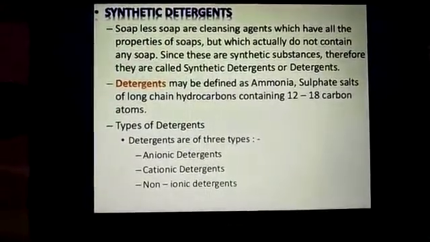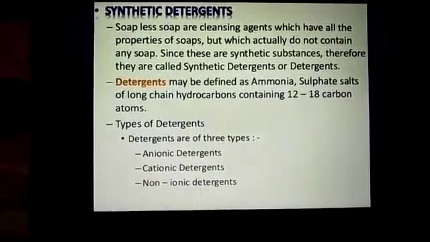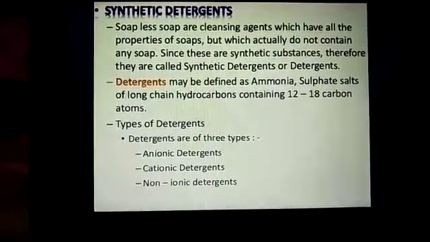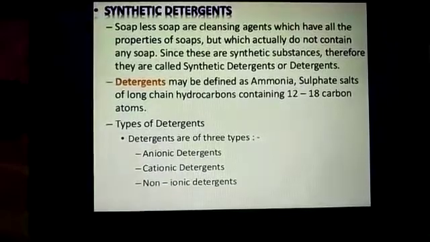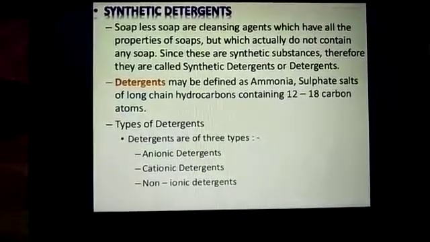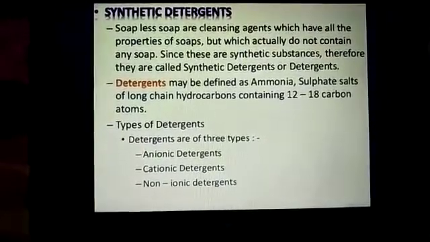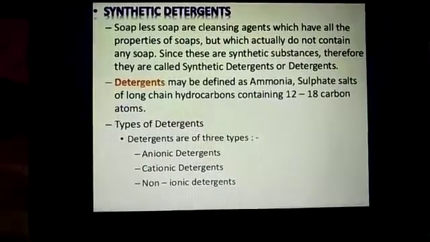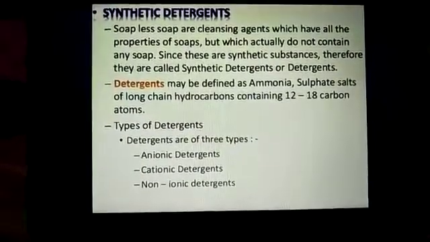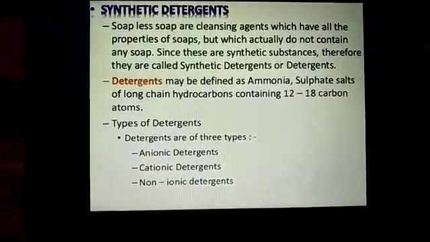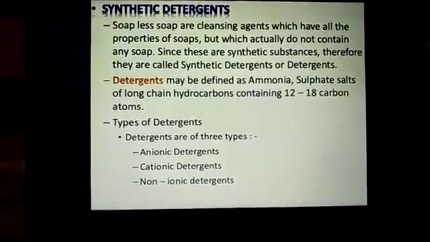Synthetic detergents. The soapless soaps are cleansing agents which have all the properties of soap but do not actually contain any soap.